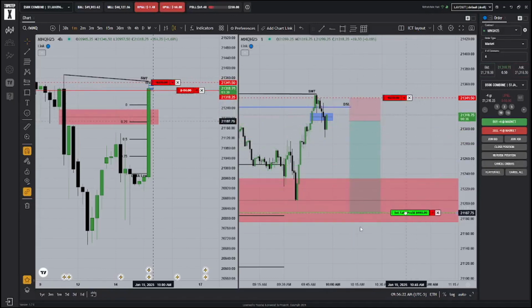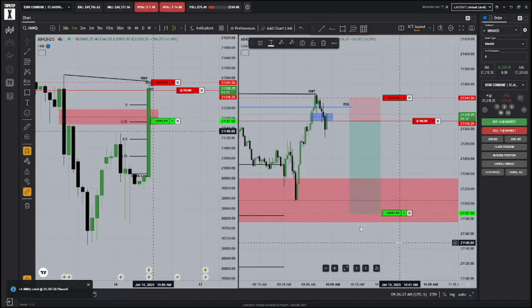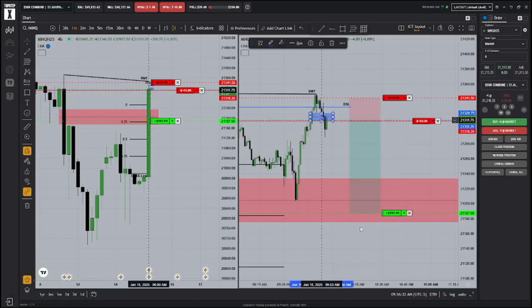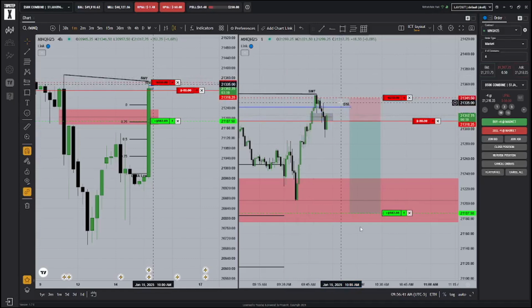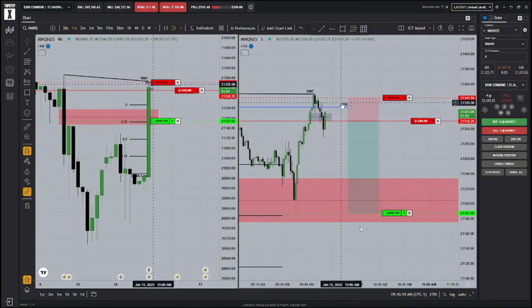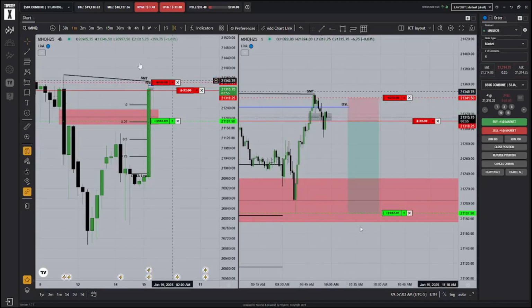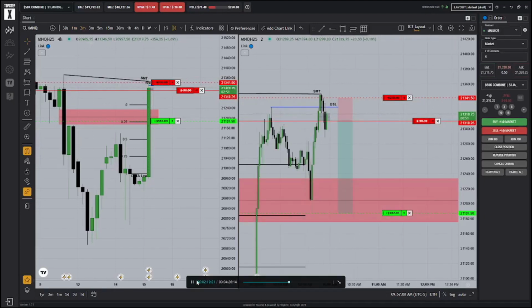Now price is filling the BISI. Drag my stop all the way down there. Now we watch that candle close above.